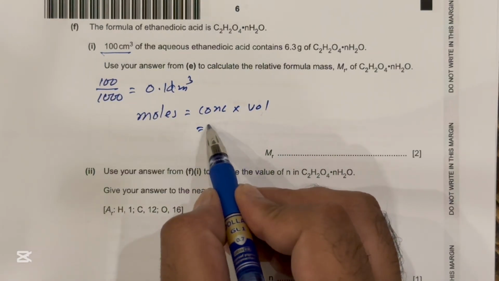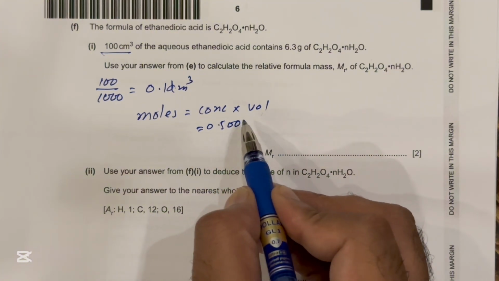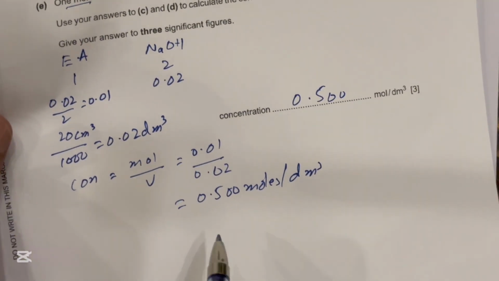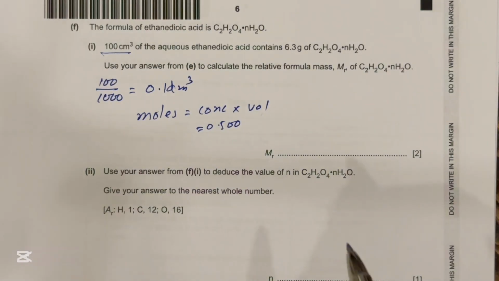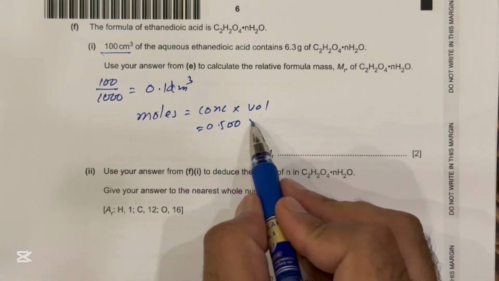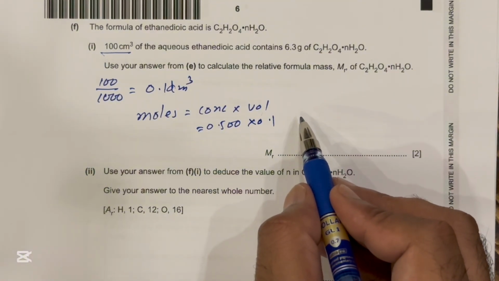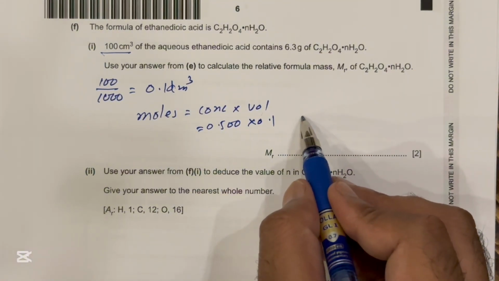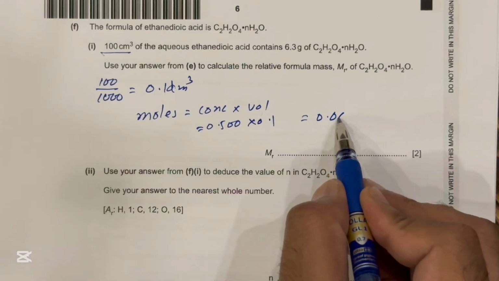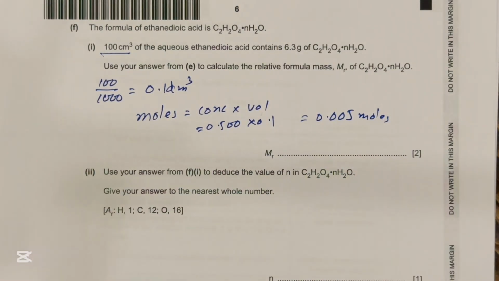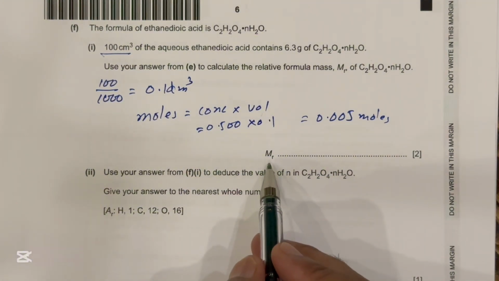We have to use the previous part's concentration because the examiner said so, and in E we calculated 0.500. Concentration times volume of 0.1 gives 0.05 moles. But our question is not complete because we have to find the Mr.